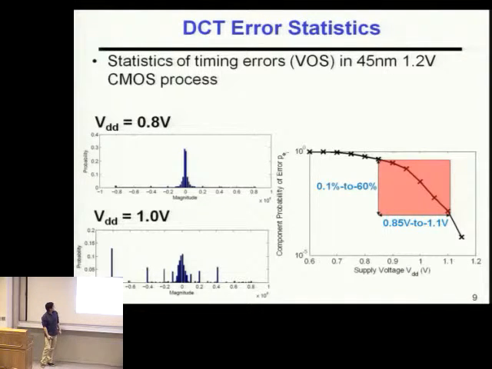Under this, we simulated a 2D DCT block, and these are just error statistics of two different operating voltages, 1 volt and 0.8 volts. And here we see the supply voltage versus the error probability of our computation block. Since the y-axis is in a logarithmic scale, we can see that error probability increases very rapidly with decreasing supply voltage.